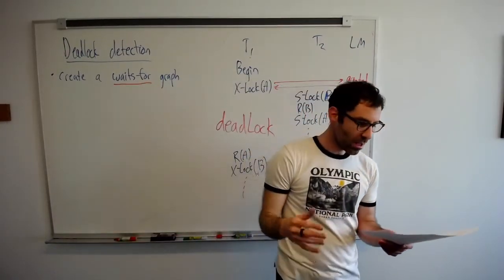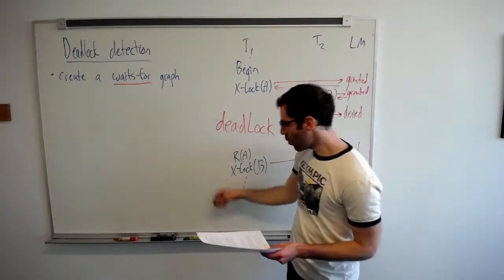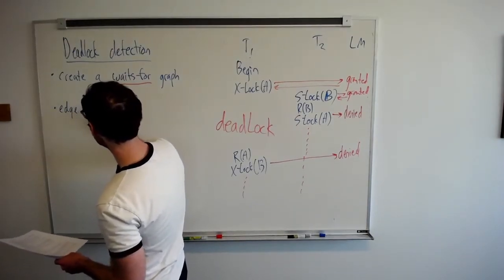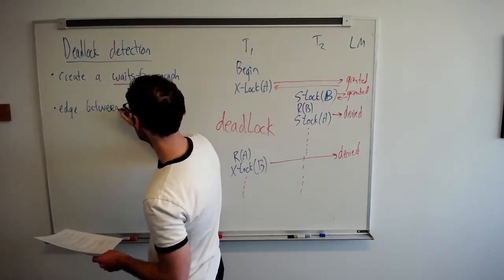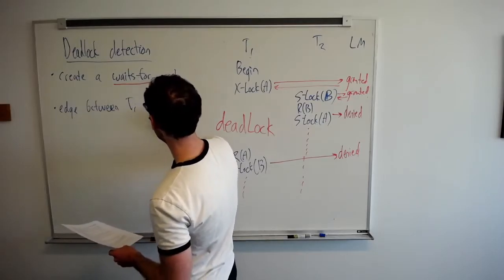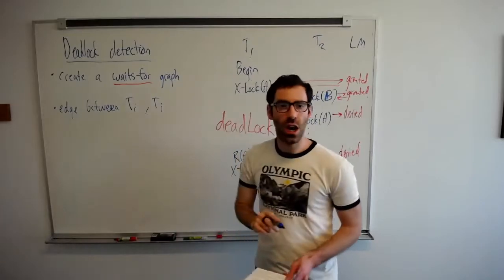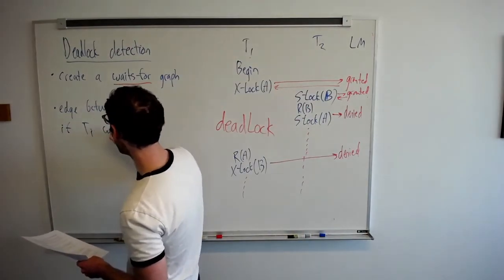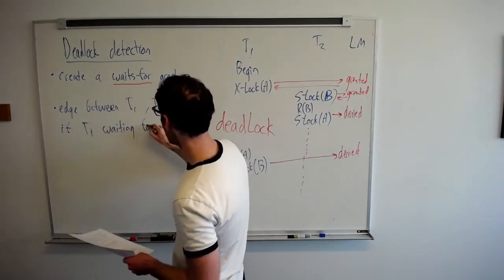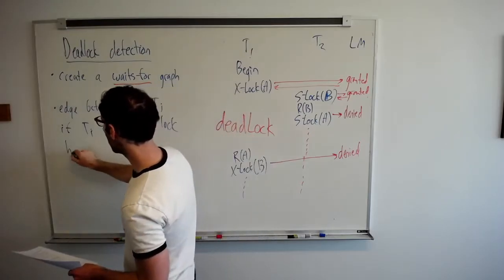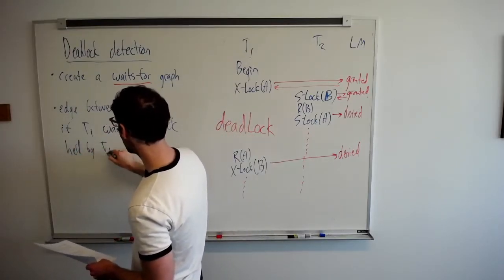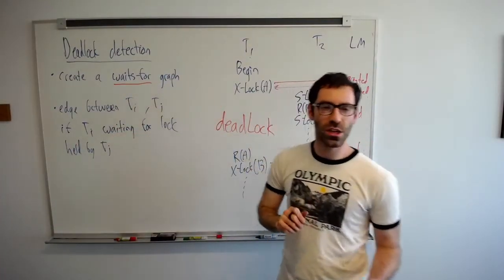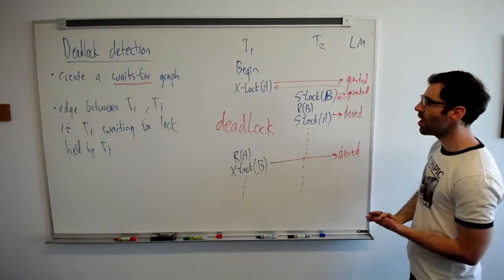So what this will be is that we'll have an edge between transaction I and transaction J if our transaction I is waiting for a lock held by transaction J.